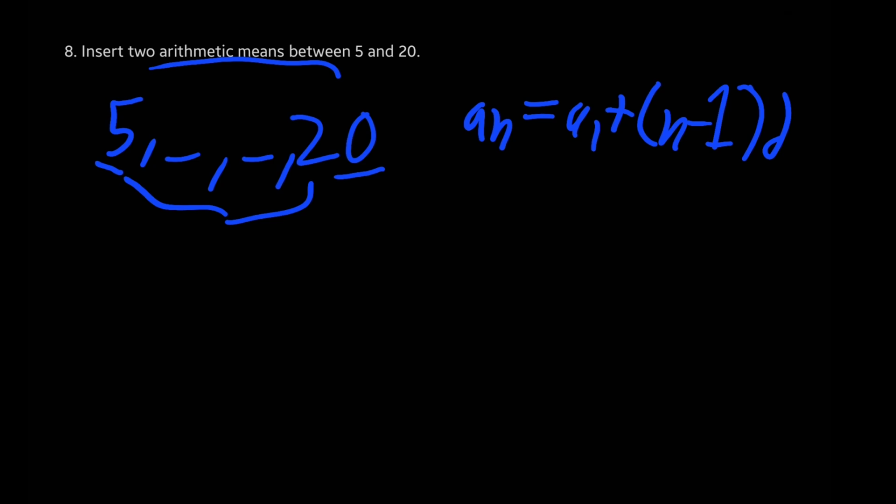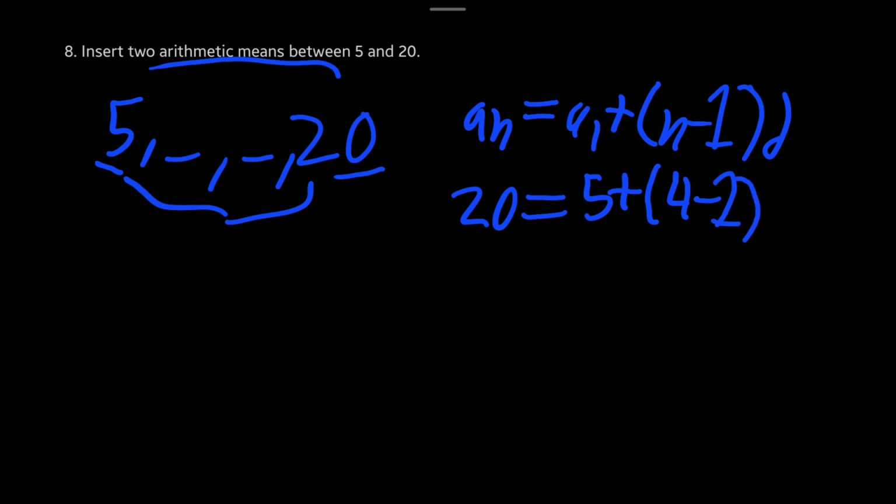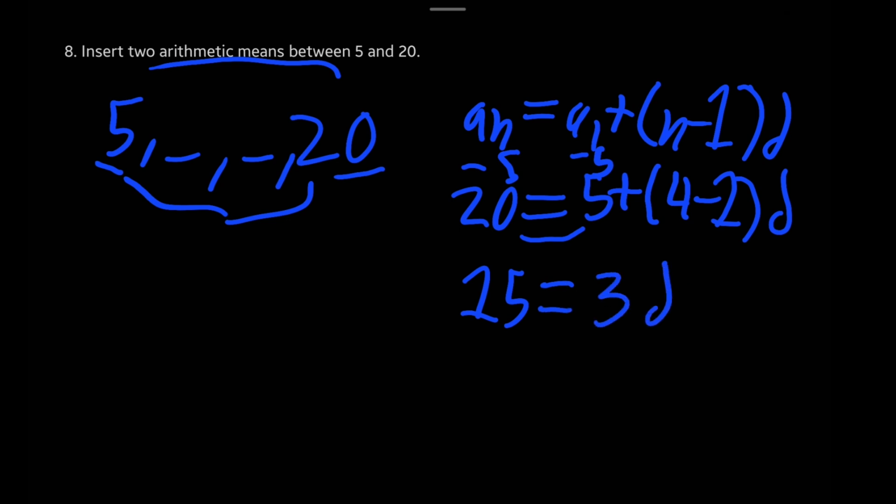So we plug it in. A sub n is equal to 20, right? And our first term is 5 plus the amount of terms, which is 4, minus 1. Since we need the d, we just leave it right here. So we subtract both sides by 5 and get 15 is equal to 4 minus 1, which is 3, times the common difference.